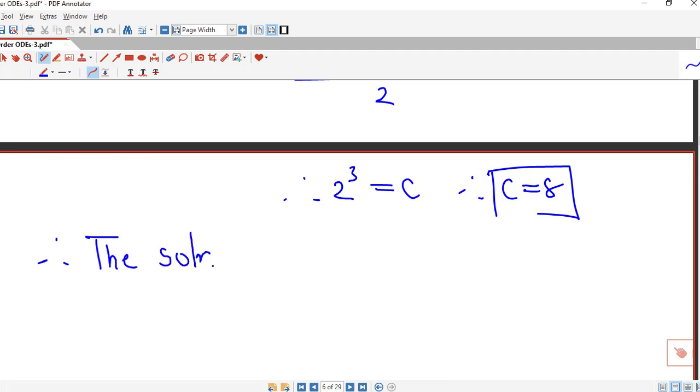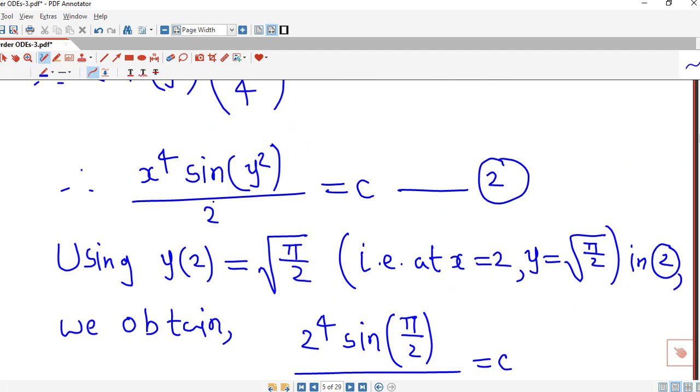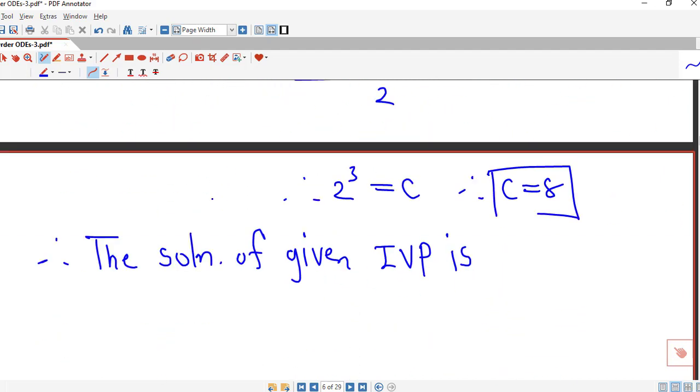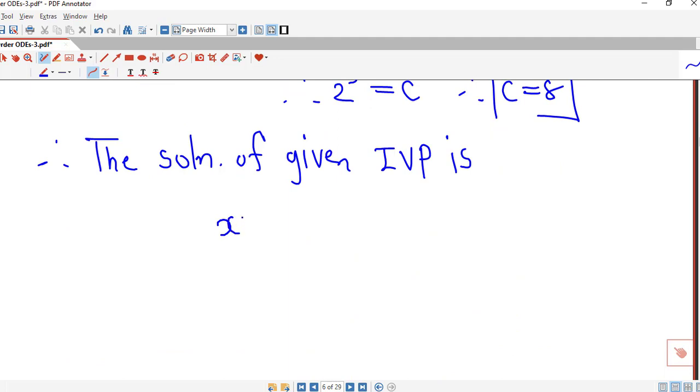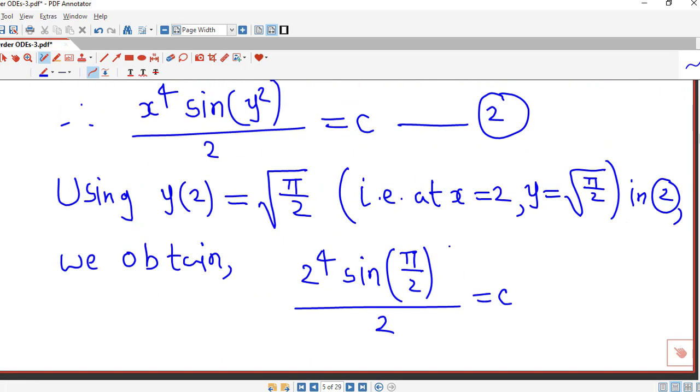So therefore the solution of the given initial value problem is x raised to 4 sin y square divided by 2 equal to the constant, which we have obtained as 8.